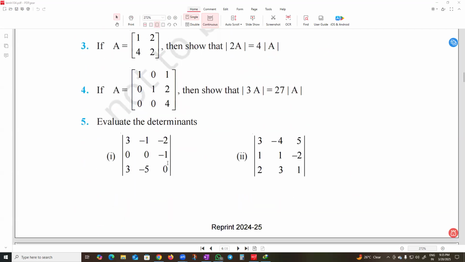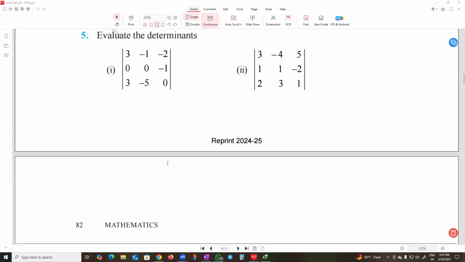Let's see, 3, 4, and try to solve this, 5, 1. So 3 into det of, delete this row and column, 0 minus 1 minus 5, 0. And always change the sign of the middle number. The middle number is minus 1, so change its sign.